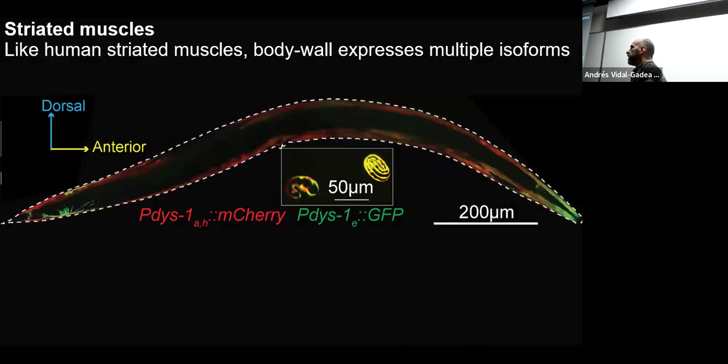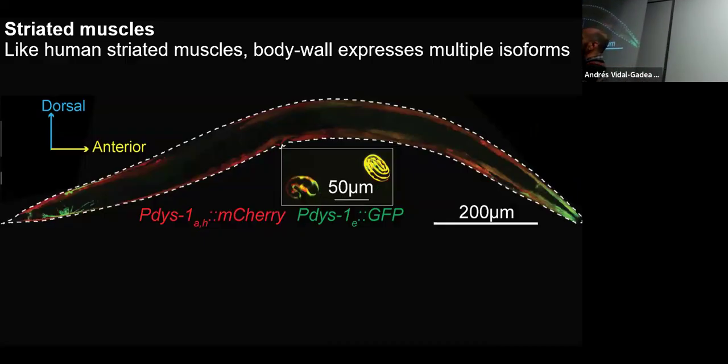In these animals, in humans, as in worms, our skeletal muscles express the longest isoform of dystrophin, but not only that one, but also some of the short ones. And this is important because most of the mutations that cause muscular dystrophy selectively target the longer isoforms.